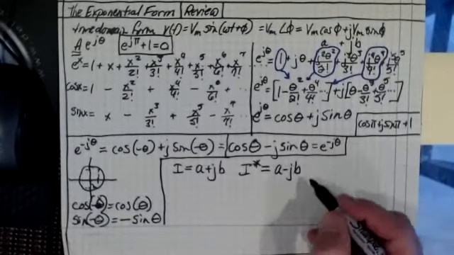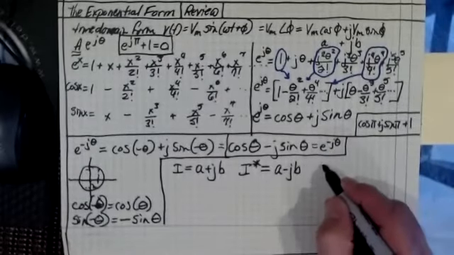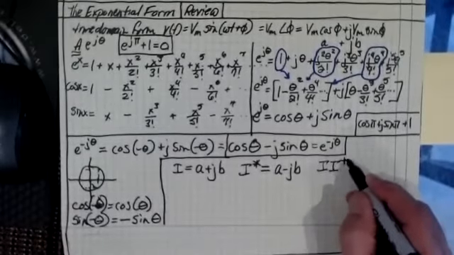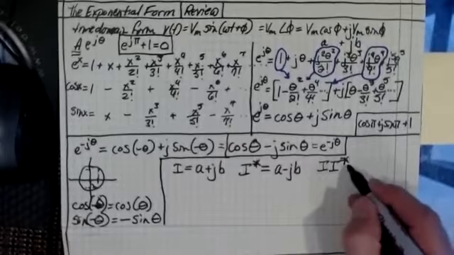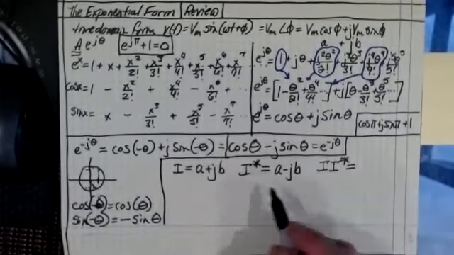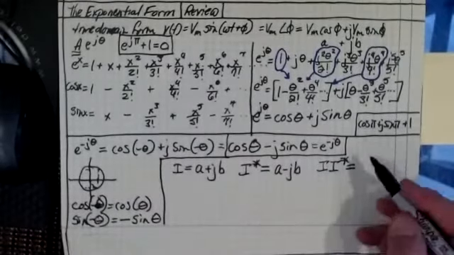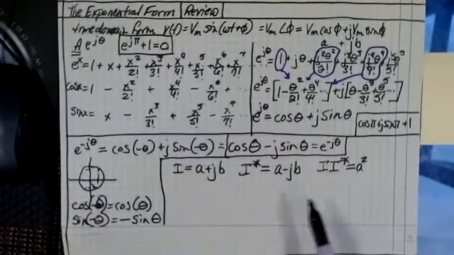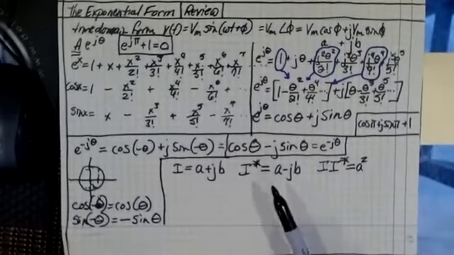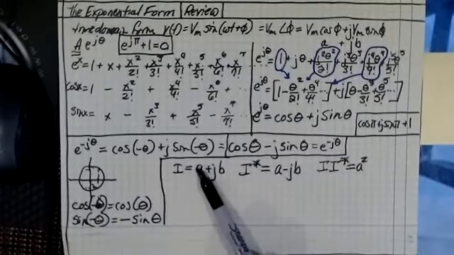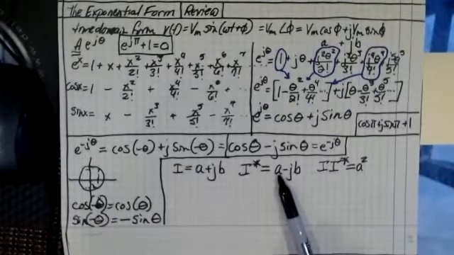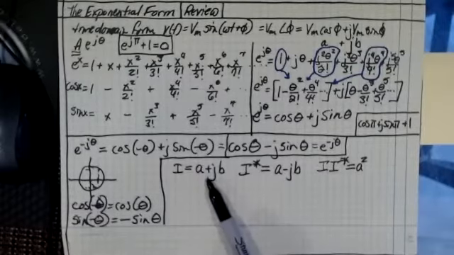If I was to multiply a variable times its complex conjugate, let's say I've got A plus jB times A minus jB, wouldn't that give me A squared? And then it would give me minus jAB. But then the next one I get plus jAB, so they cancel each other out.